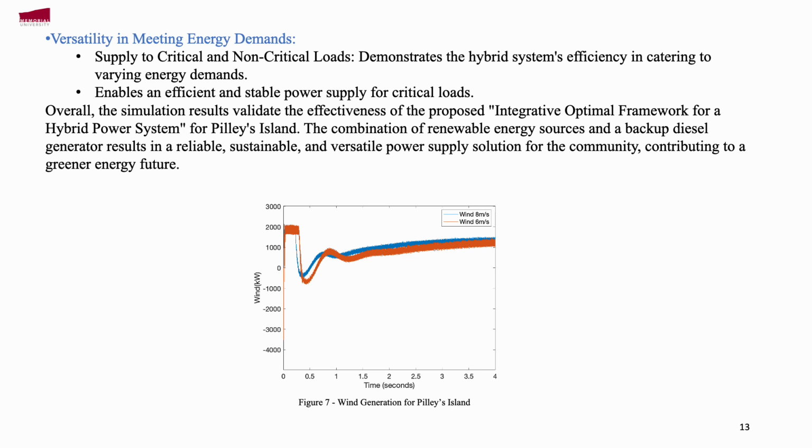The diesel generator supplies an additional power output of around 25 kilowatts, illustrating its role as a very good backup generator.